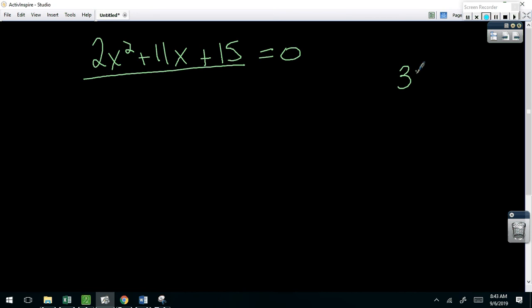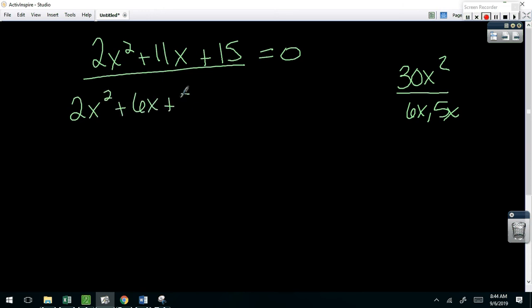Jerome has already factored this for us. 30x squared that adds to 11x, and you said it was 5 and 6. So those are going to be my two middle terms. It doesn't matter which one goes where. And now slash it.